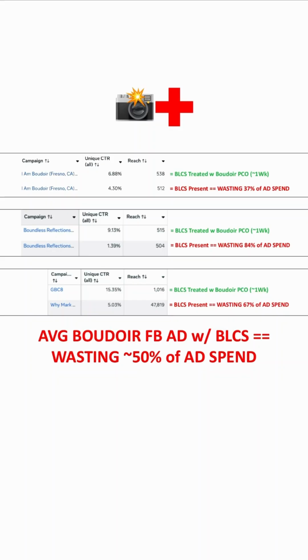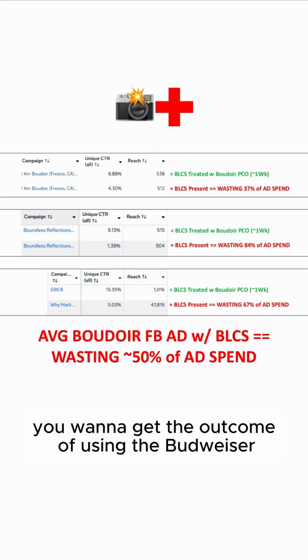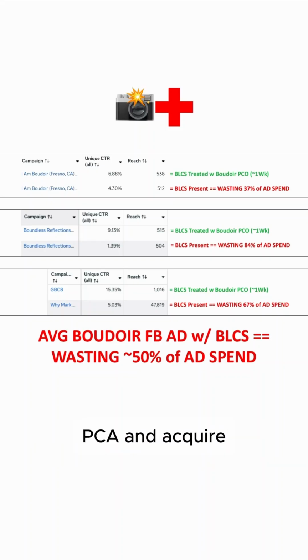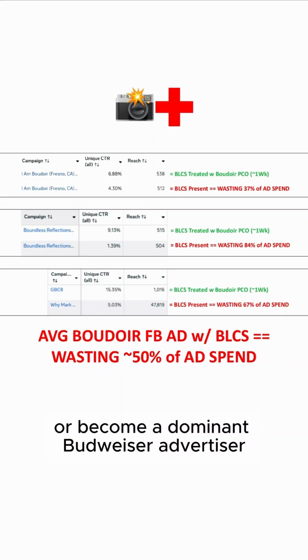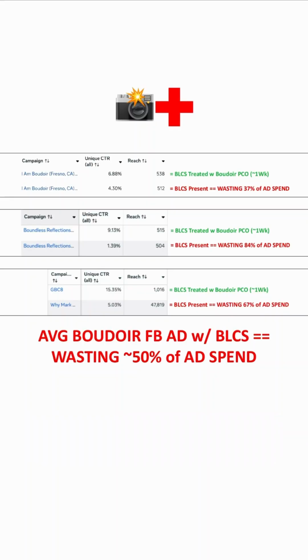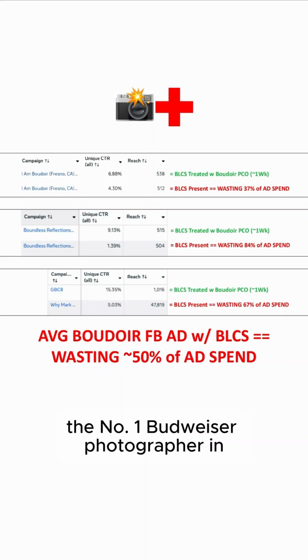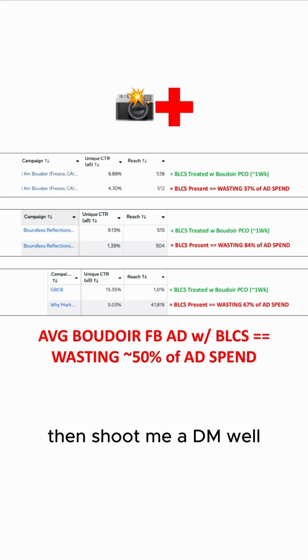And you actually want to get the outcome of using the Boudoir Pico treatment, and you want to achieve pre-click alignment, PCA, and acquire or become a dominant Boudoir advertiser with Boudoir Brain Entry Boost, so that you can be on your way to being the #1 boudoir photographer in your city, then shoot me a DM.